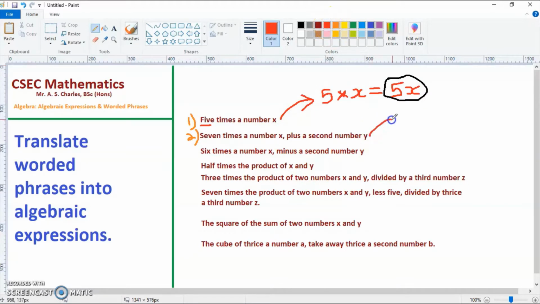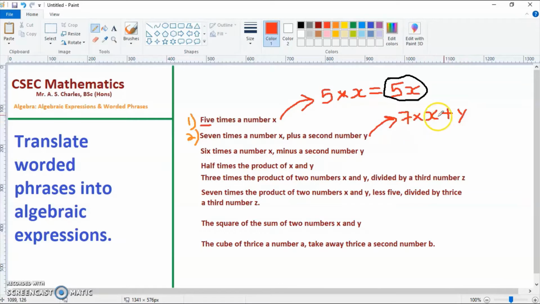Let's go ahead and solve this one. 7 times a number x, as I said, times means to multiply, so 7 times x, and again I choose to make my x like that, plus a second number y. So you're taking 7 times x and you're adding y to it.